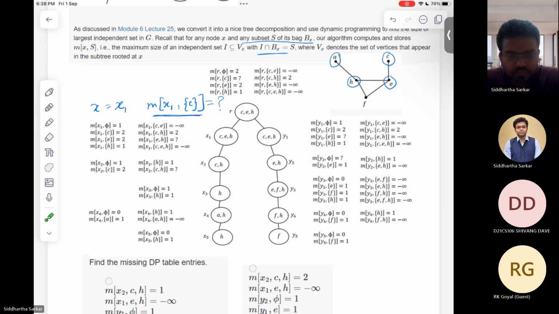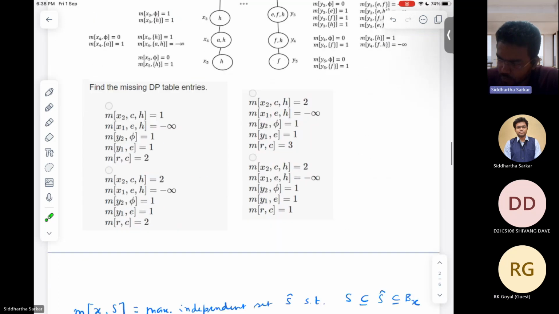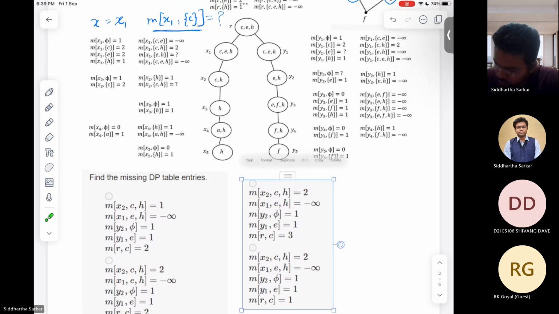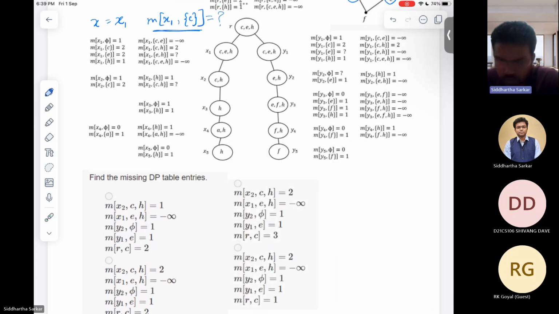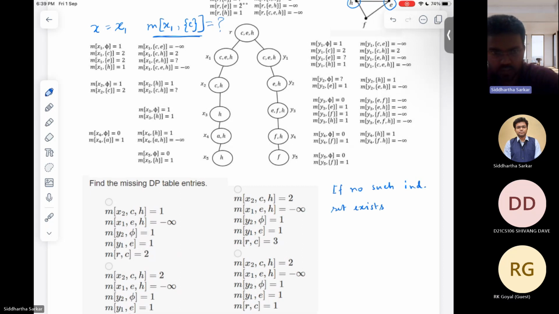This is part of the video, but I'll just write it here. If no such independent set exists, meaning the kind of independent set that we are looking for, and if such a set does not exist for an entry x comma s, where s is some subset, then we will set this entry to minus infinity.